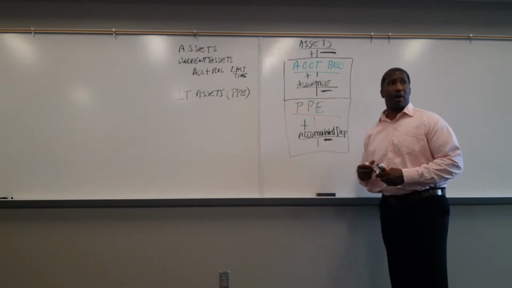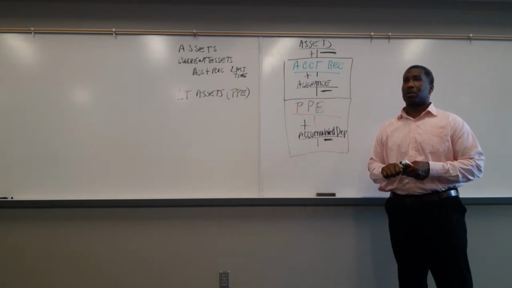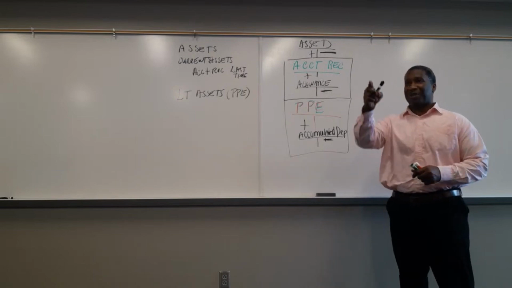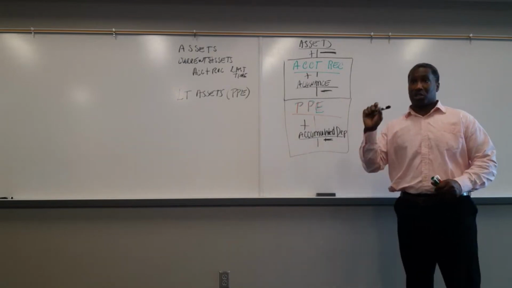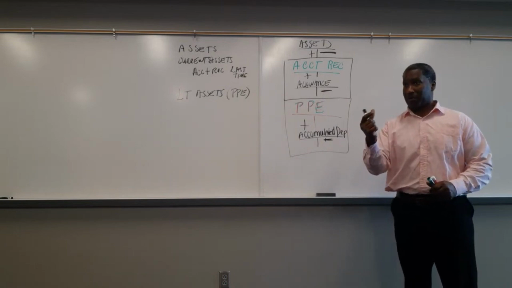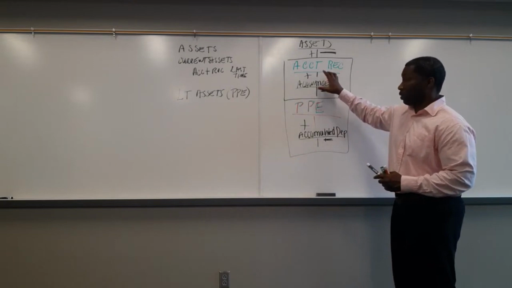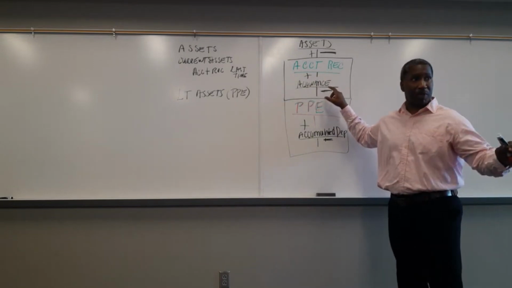Is that good so far? Yes, ma'am. Is there a specific reason why you changed this to negative signs rather than the plus sign? I was just about to say that. I did that so we can know that we have a negative here. The small cosmetic thing I'm going to make is that when you decrease accounts receivable, you do so with the allowance. We're good with that part, right?